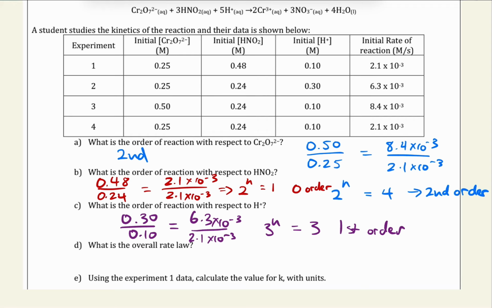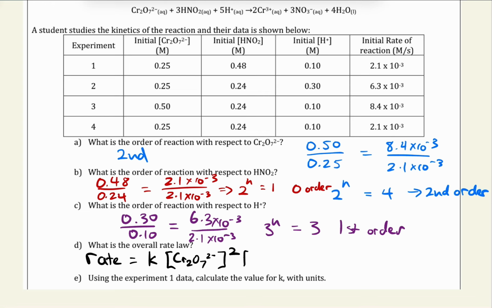So to write the overall rate law, we just combine all of the data we've gathered. So the rate is equal to, we always write our rate law with a lowercase k, and then the concentration of our dichromate to the power of 2 because it's second order. Then we will omit our HNO2 because it is to the power of 0.